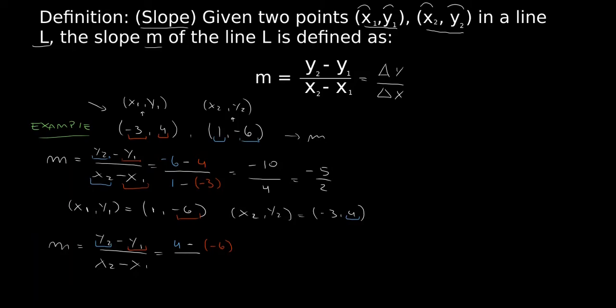And this is divided by x2 is minus 3 minus x1, which is 1. So doing this calculation, 4 plus 6 is 10, and minus 3 minus 1 is minus 4, and this is minus 5 over 2.